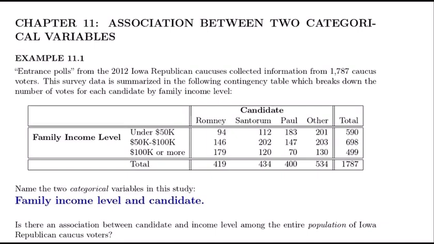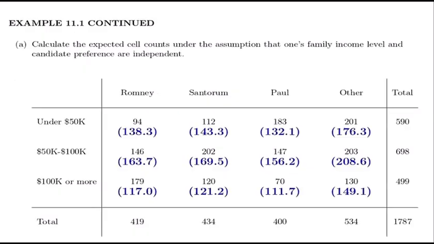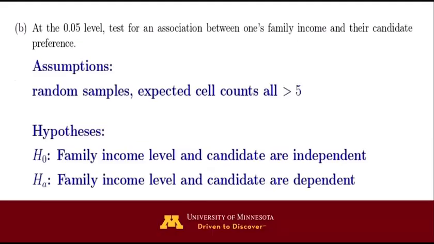Now, when you're given a question like this, how are you going to start? The whole thing actually starts with assumptions, and the only way to see whether the assumptions are met is for us to calculate the expected cell count. The assumptions revolve around it having to be a random sample.